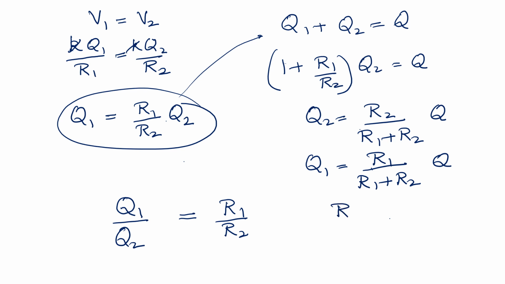Since R1 is greater than R2, it is telling you Q1 is greater than Q2. The larger sphere, I think we had the opposite way. R2 was greater than R1 in our diagram. So Q2 would be greater than Q1.